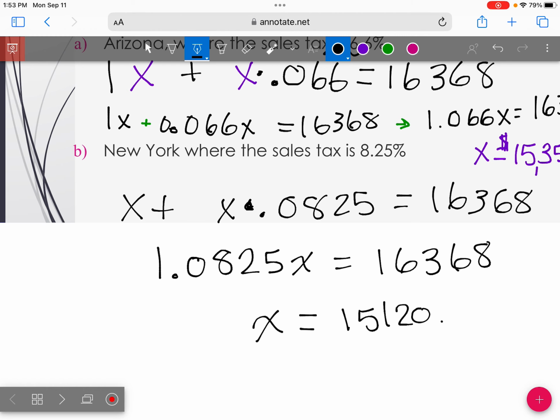Since it's 554, since it's not 4, we round down. It's going to be 55.